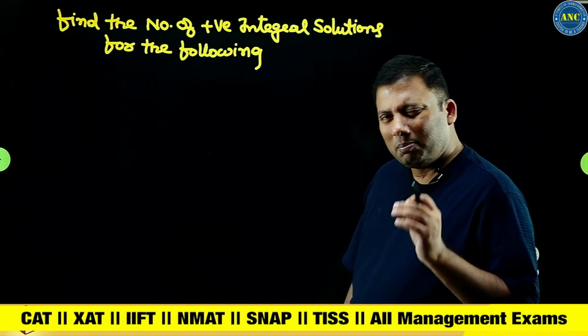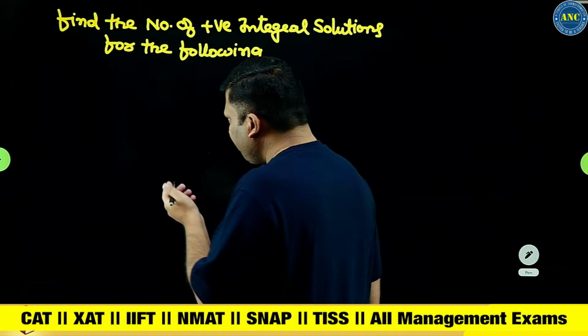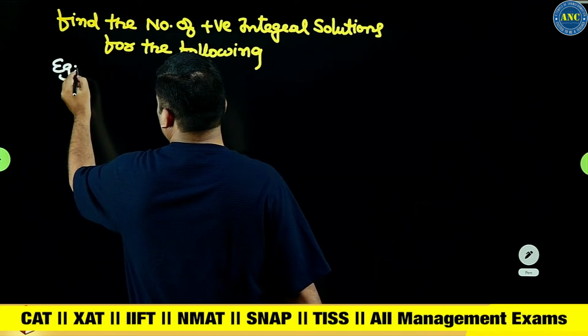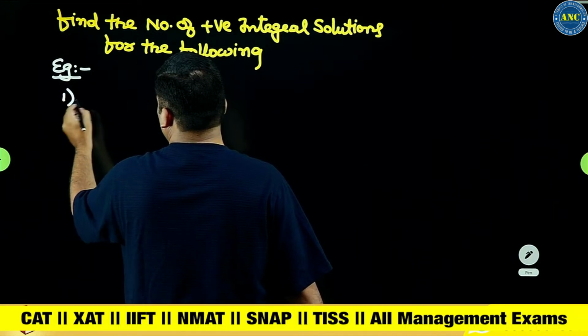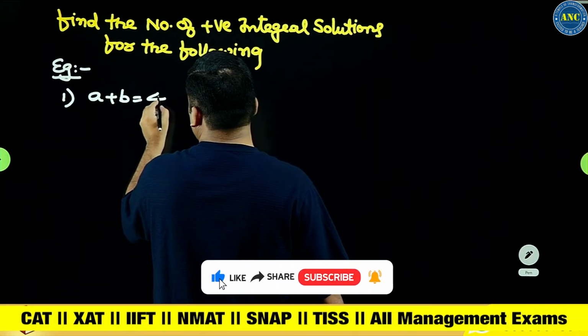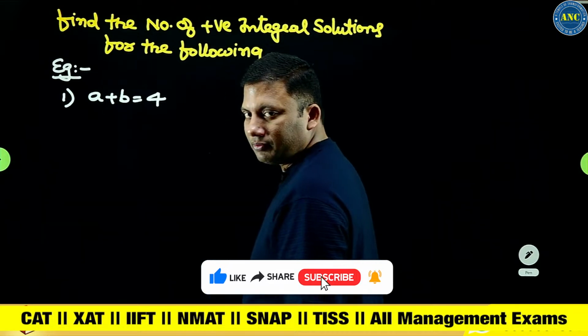Listen carefully. Basic example. First one: a plus b is equivalent to 4.